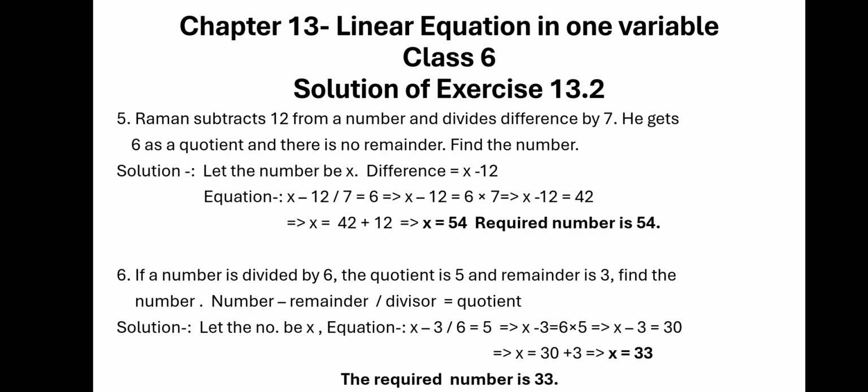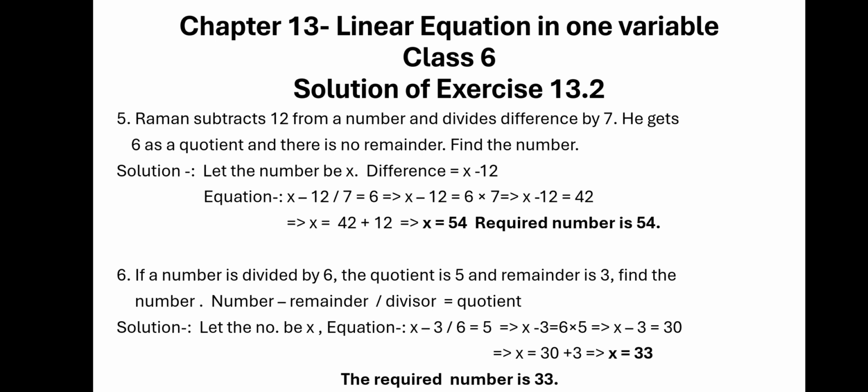Fifth question. Raman subtracts 12 from a number and divides difference by 7. He gets 6 as a quotient, and there is no remainder. Find the number. So let the number be x. Difference of both the numbers is x minus 12, and he is dividing that x minus 12 by 7, which gives him quotient 6.